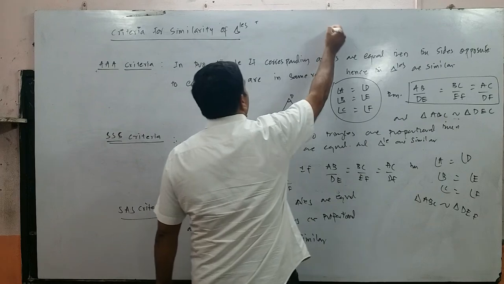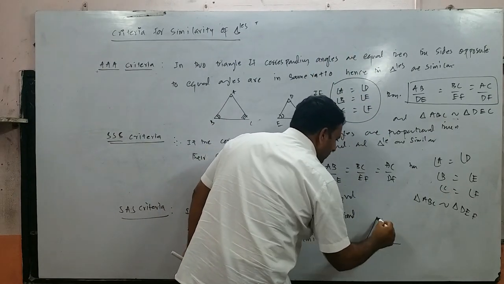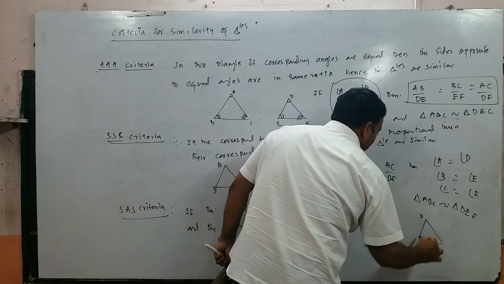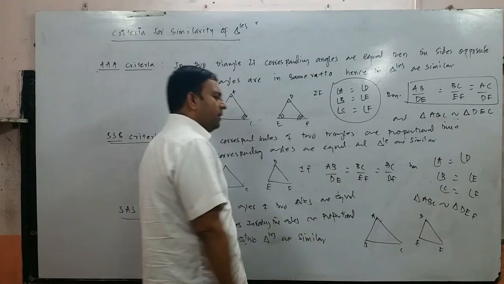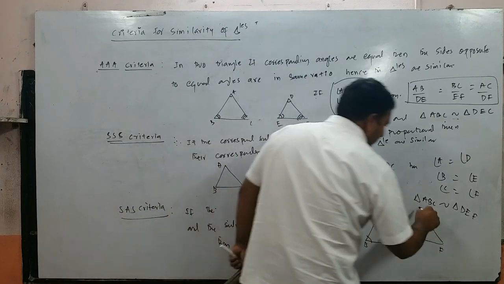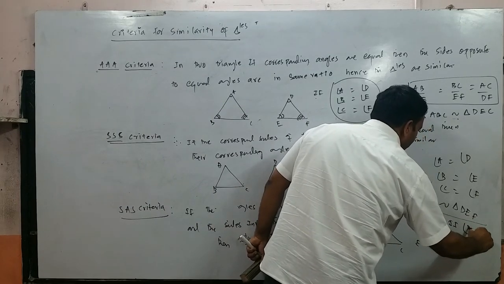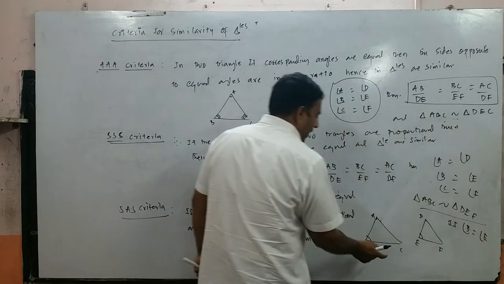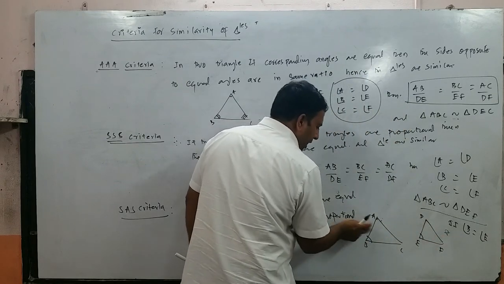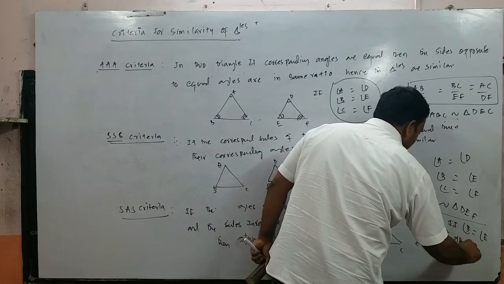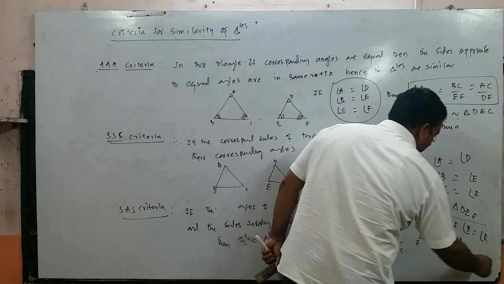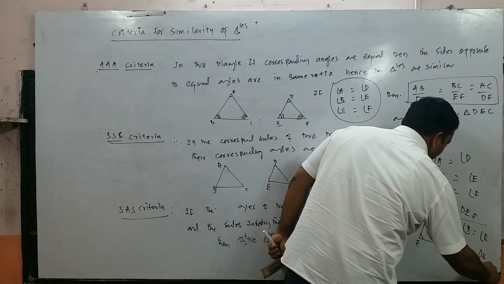Now please try to understand. I will write it here so that you can understand. This is triangle ABC, and this is triangle DEF. Now any two angles I will take. Let me take this angle B is equal to angle E. So please observe here, if angle B is equal to angle E, and the two sides involving these two, AB by BC is equal to DE by EF.